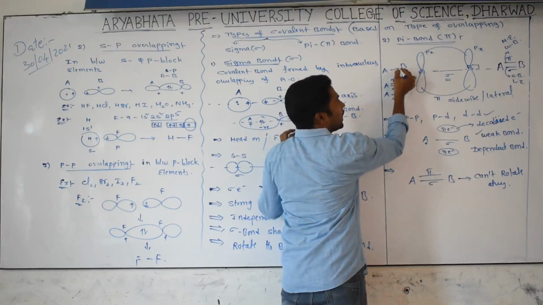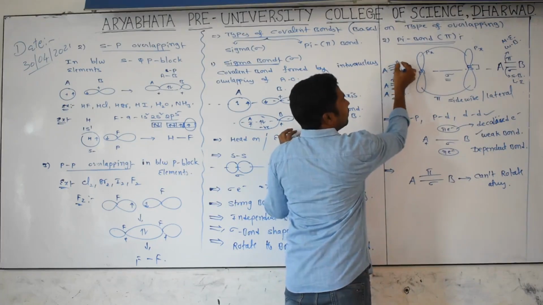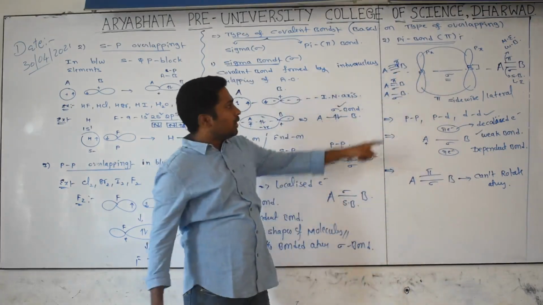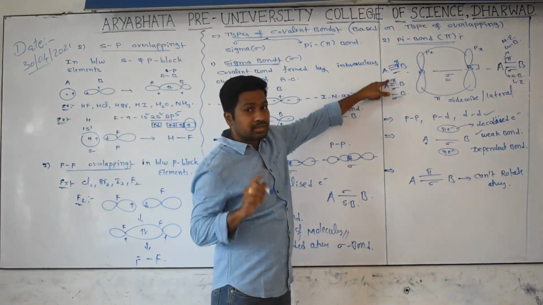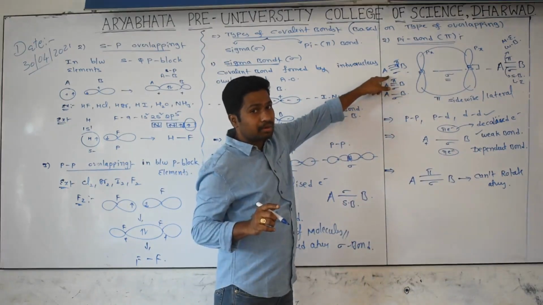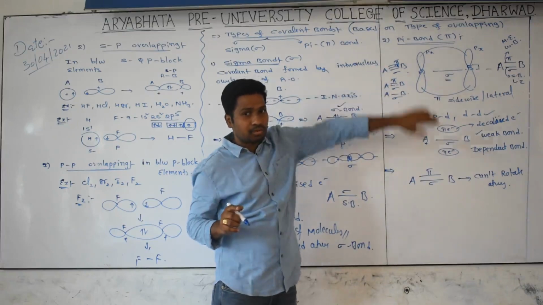Between two atoms we have a triple bond at maximum: one sigma, and the remaining two are pi bonds. Compulsorily, the first bond is the sigma bond, and after that all are pi bonds. All of it clear? Yes.